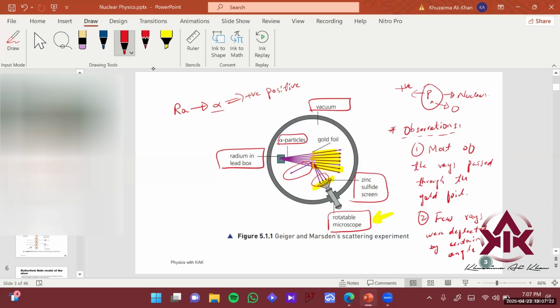And what is the third observation over here? That very few rays bounced back, right? So these are the observations which the scientist who was doing the experiment, Ernest Rutherford, made over here, right?